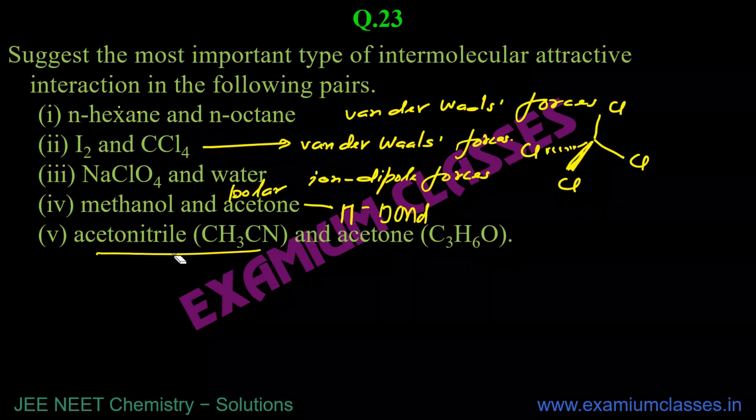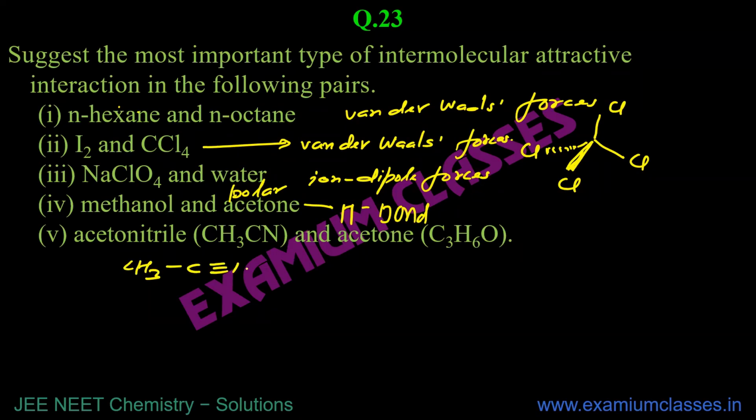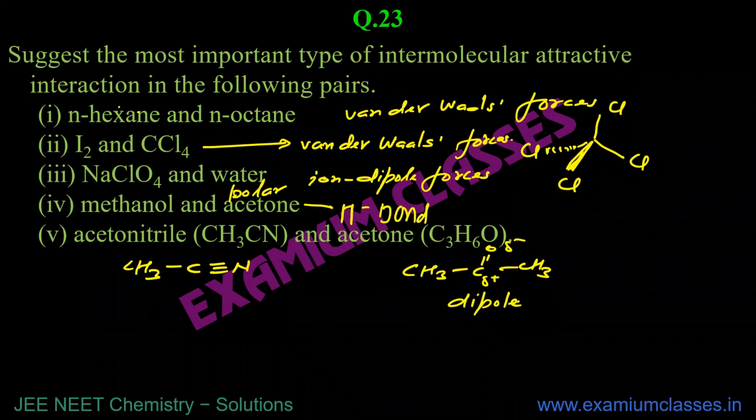Now in this case, here it is CH3CN. Here it is acetone, so CH3COCH3. Here it is dipole. And there won't be any hydrogen bonding now. And this is also dipole.